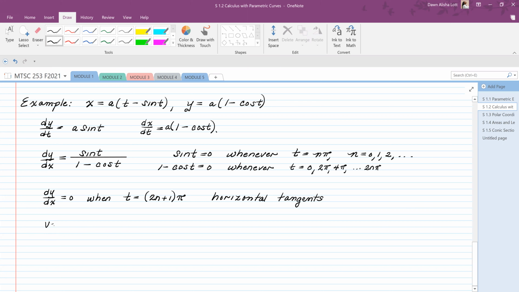We get vertical tangents when the numerator is not equal to 0, but the denominator equals 0. And that never happens.